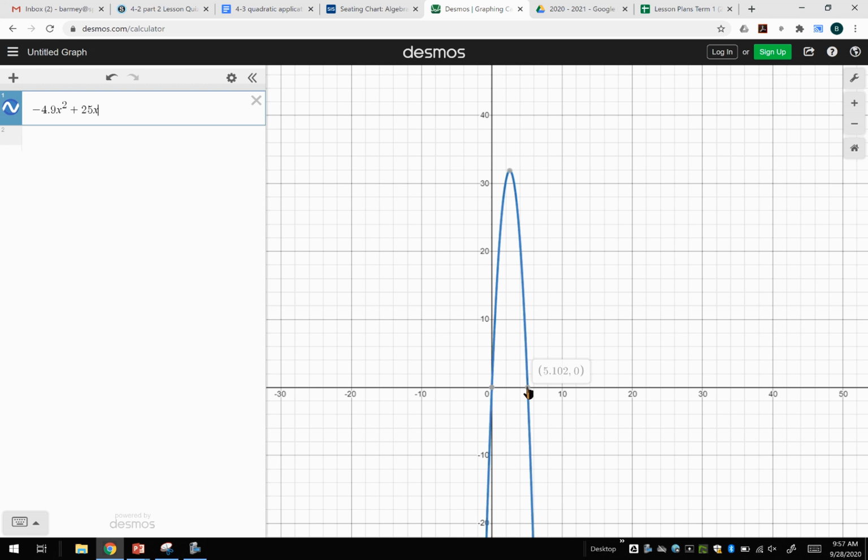The graphically column is a sketch from Desmos, identifying the vertex and the x-intercept past the origin. Again, I want you checking these with Desmos as well. Make sure you're getting the same answer from the Desmos graph as you are from solving algebraically to find the vertex.